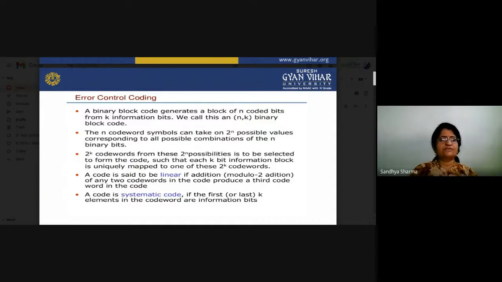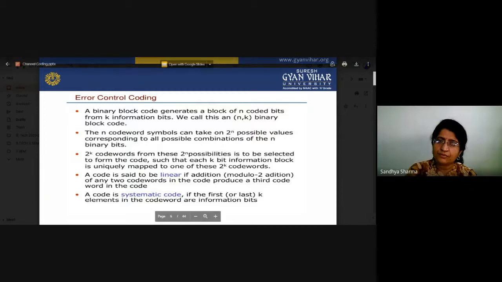You can do the linear addition, that is modulo 2 addition. It is also called a systematic code if the first k elements in the code word are information bits.